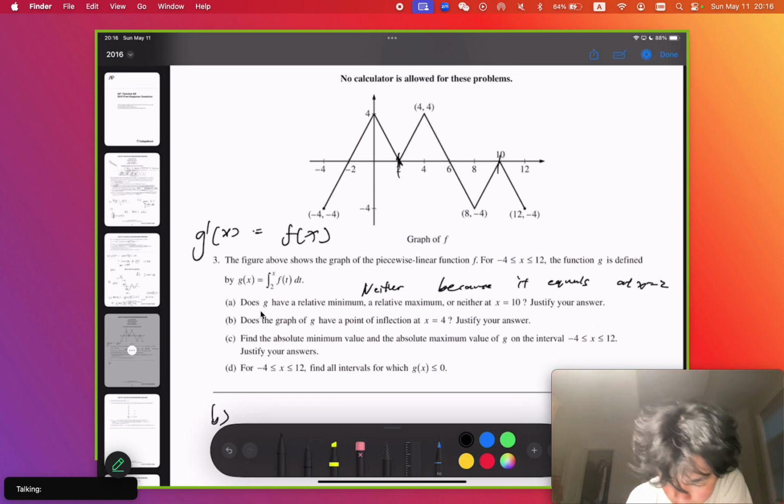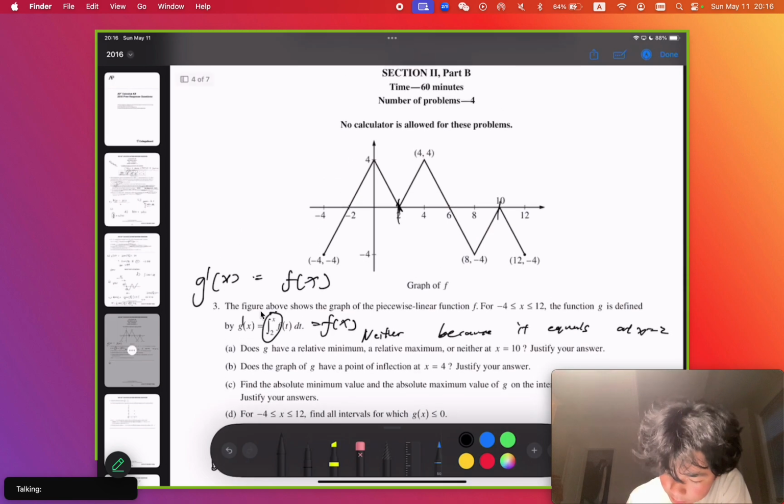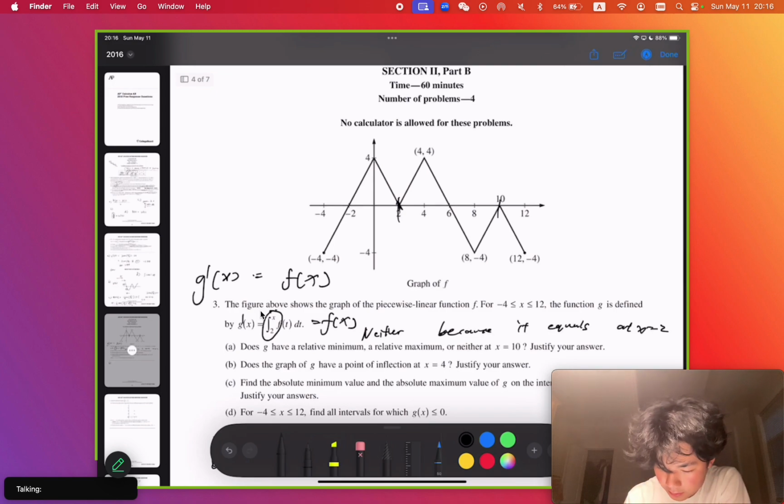Remember, even if you have it like this, the derivative of g(x) is just f(x), the thing inside of it. So f(x) at 10, f(10) equals 0.